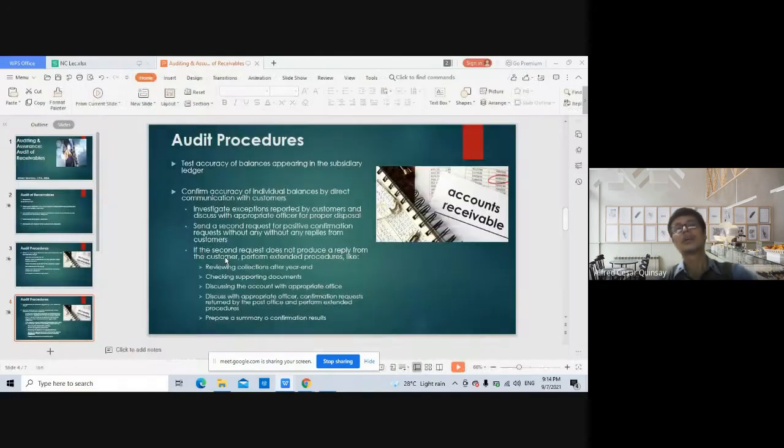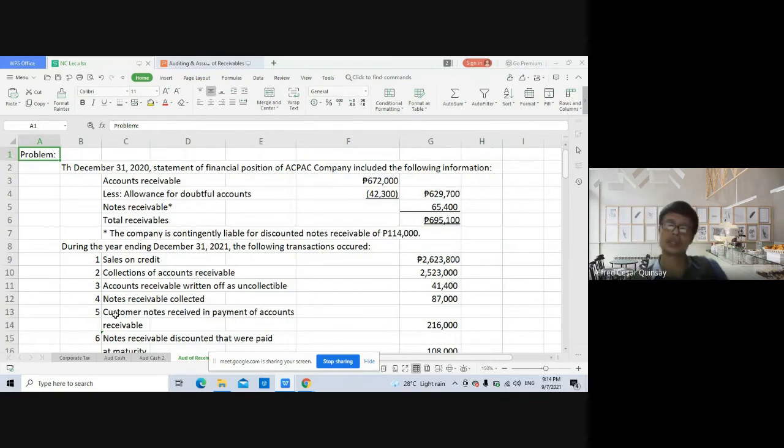Now let's proceed to the problems. It says here, the December 31, 2020 statement of financial position of ACPAC company. You know what ACPAC is? It is accounting software. It included the following information: accounts receivable of 672,000, less allowance for doubtful accounts of 42,300, so it has a net realizable value of 629,700.